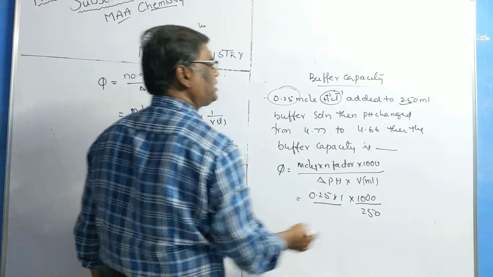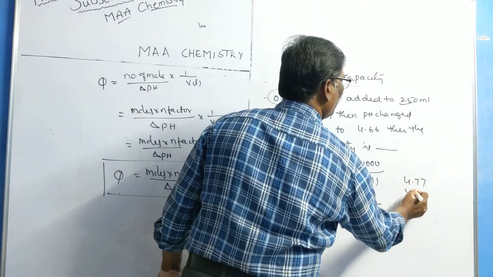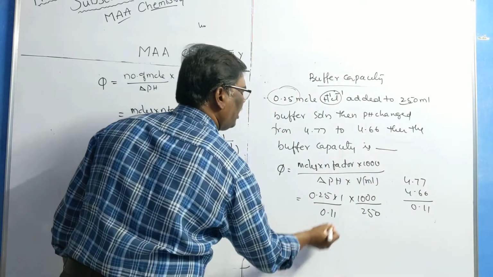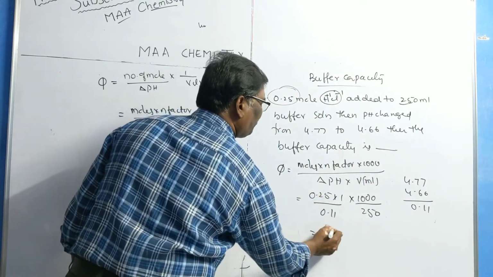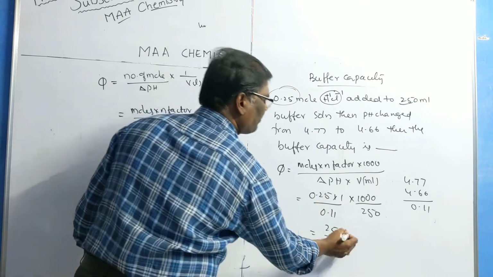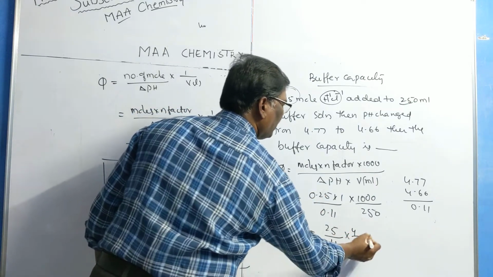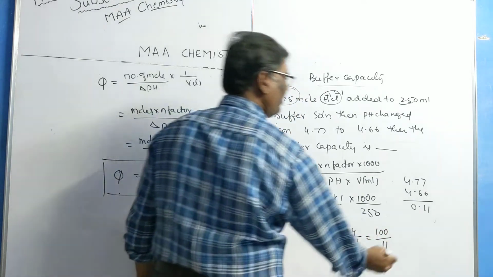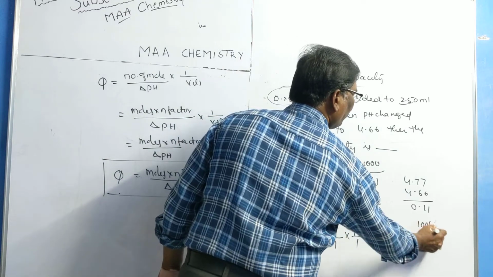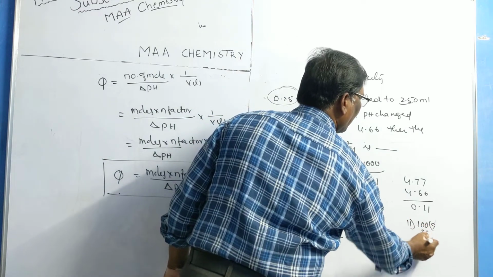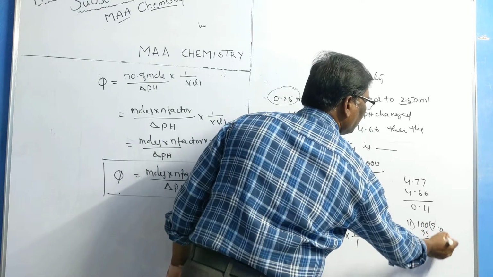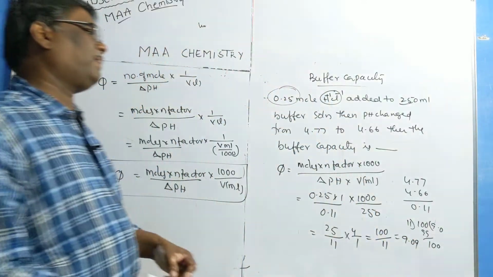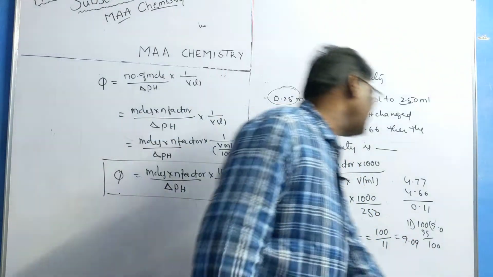The change in pH is 4.77 to 4.66, changed by 0.11. On simplification we get 25 by 11, which is nothing but 100 by 11. So we get 9.09 as the buffer capacity of the solution. Thus the problem is calculated.